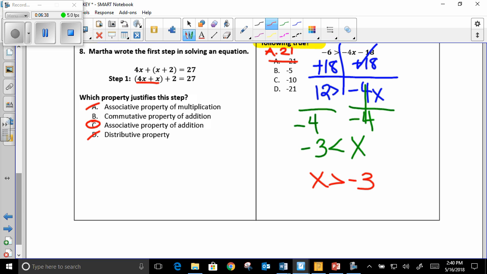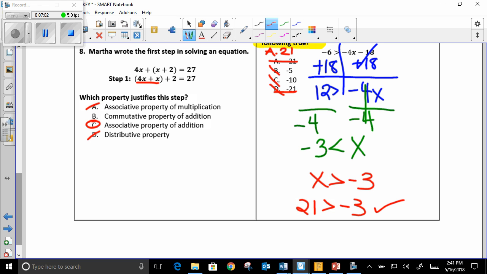So if you plug in a -21, is -21 greater than -3? No, a -10 is not bigger, a -5 is not bigger. That's why I changed it from a -21 to a positive. If I change that to 21, 21 is greater than a -3, and that makes it true. So that's what they're asking.